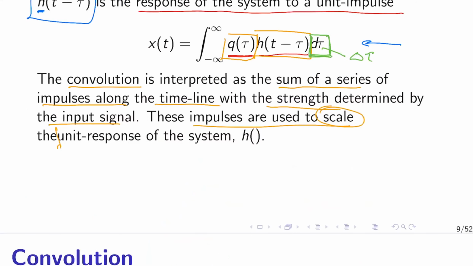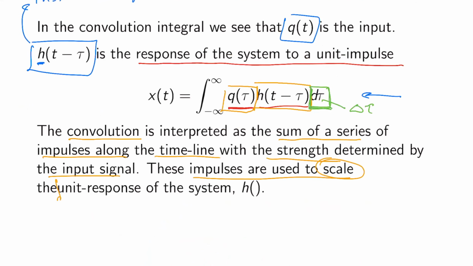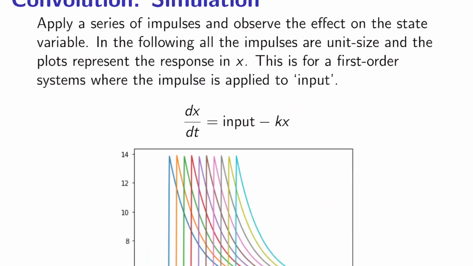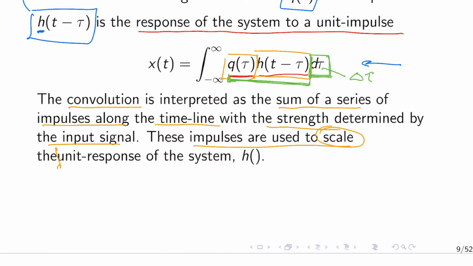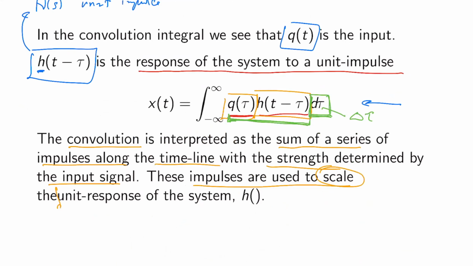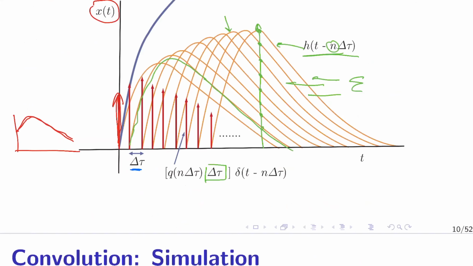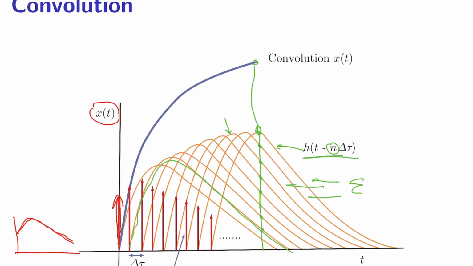When I do the summation, this entire product is the orange curve we see here, and we need to remember to multiply by delta tau. So I take each point, add it up and multiply by delta tau, and that gives me this point up here.